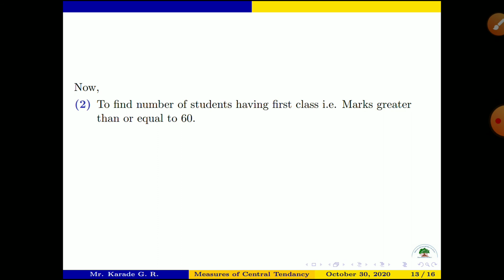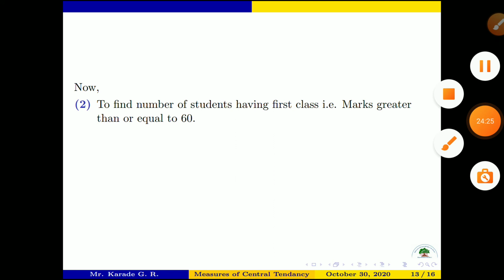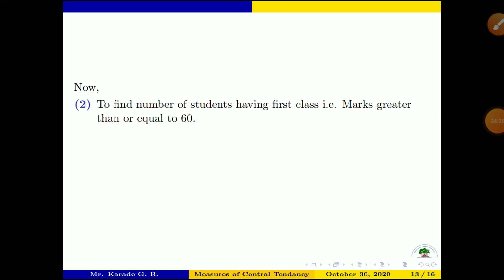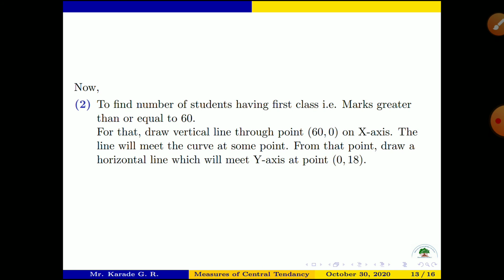Now the second part is to find the number of students having first class, that is, marks greater than or equal to 60. How many students are there with marks greater than or equal to 60? For that, draw a vertical line through the point 60 on the x-axis, and that vertical line will cross the curve at some point.